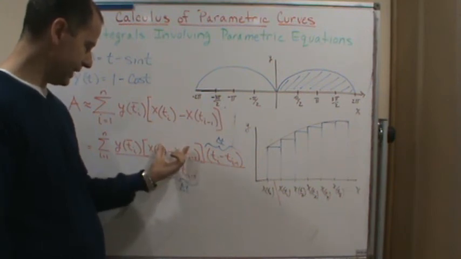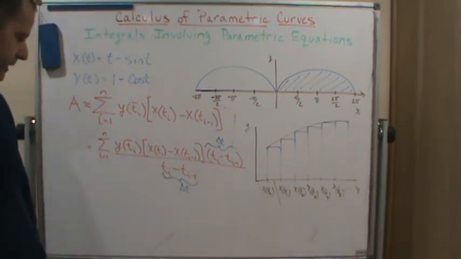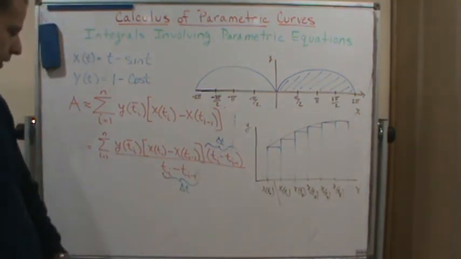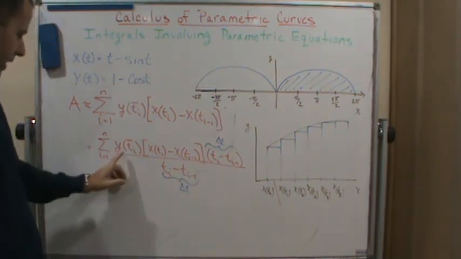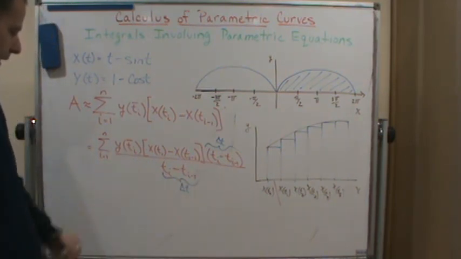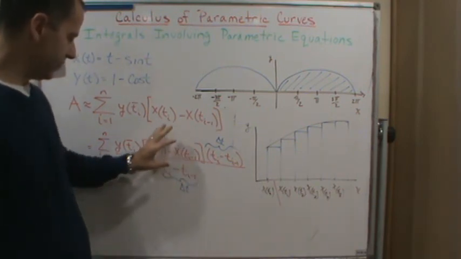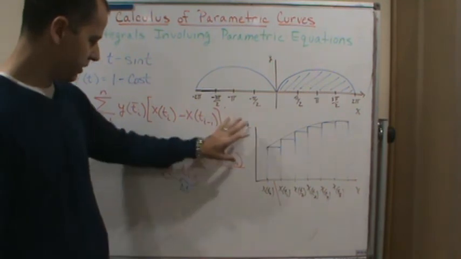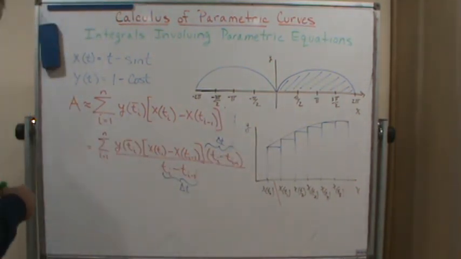So this is going to be the derivative of x of t with respect to t. So I'm going to get x prime of t here. This is just going to be y of t. This is going to be dx/dt, and this is just going to become dt. Okay. So let's do that.